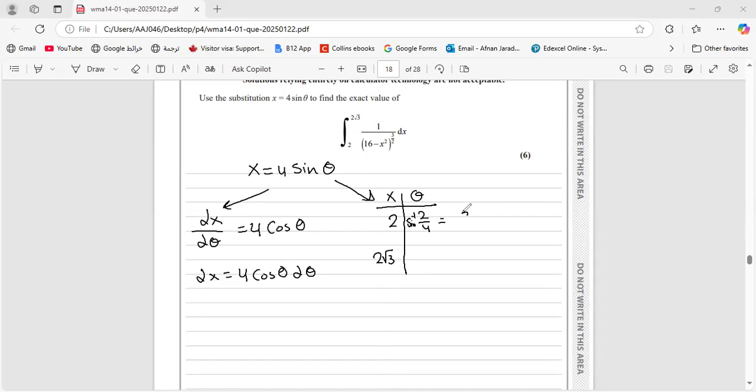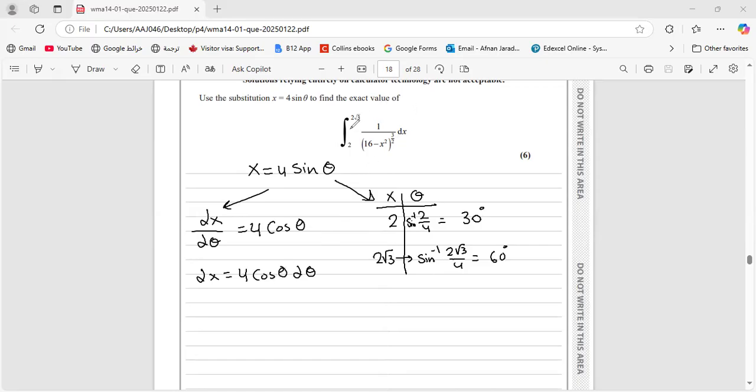Sine inverse half equals, yes, 30 degrees. And this one, I need to make sine inverse of 2 square root of 3 over 4 to find it, which equals 60 degrees. So now I have different limits, and I have dx equals what?